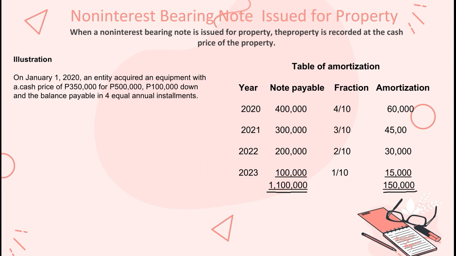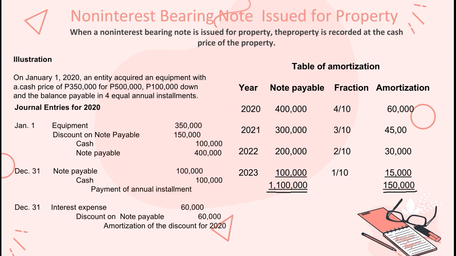So first, let's talk about the journal entries for 2020. Okay. January 1, you have acquired the equipment. So basically, you're gonna debit equipment 350,000, discount on note payable 150,000. Mag-credit ka cash because kanang cash mo na imong down payment nga 100,000 and note payable nga 400,000 mo na 500,000 both sides, okay?